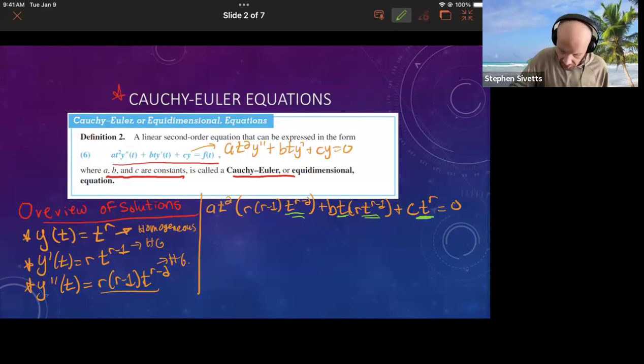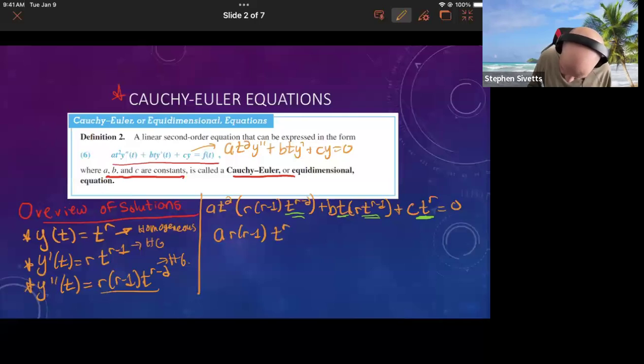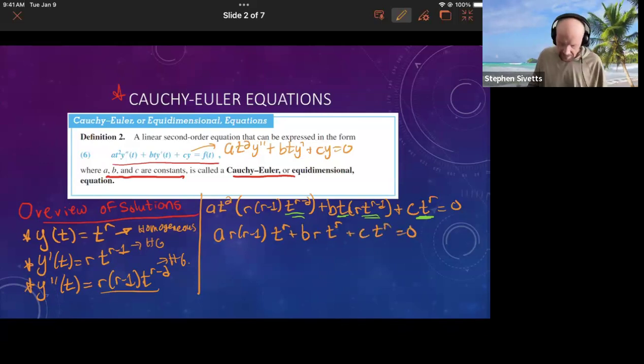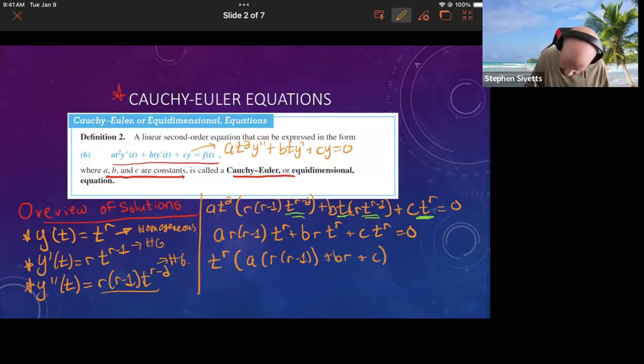So we'll have a times r times r minus 1 times t to the r, plus b r times t to the r, plus c times t to the r, which is 0. Factoring out t to the r, we have a times r times r minus 1 plus b times r plus c is 0.